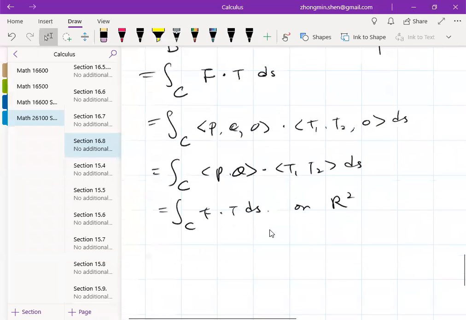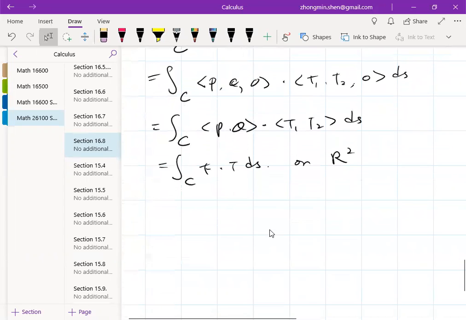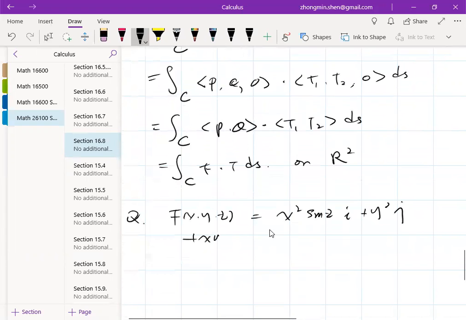Use Stokes theorem to verify. That's the first problem we're going to discuss. F(x,y,z) equals x squared sin z i plus y j plus xy k, right?